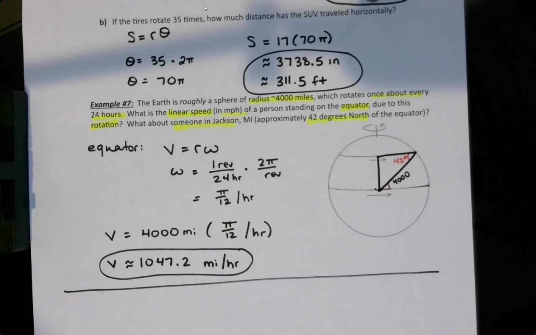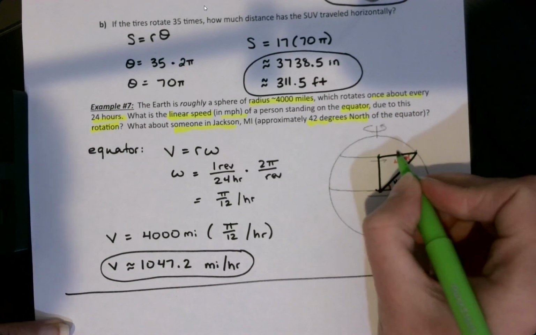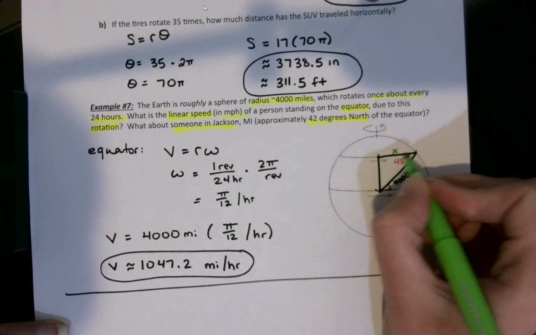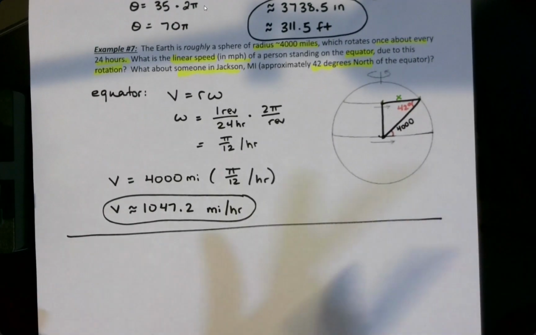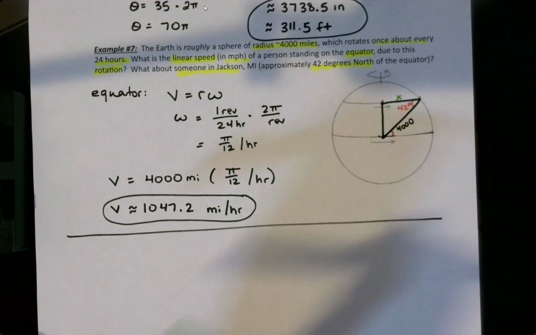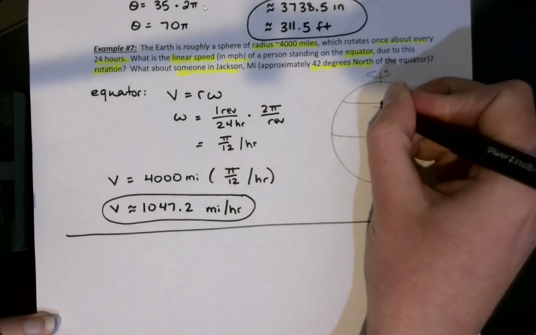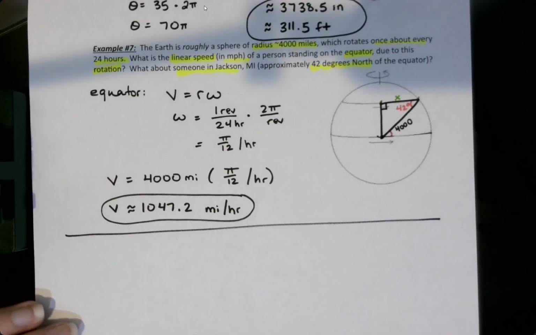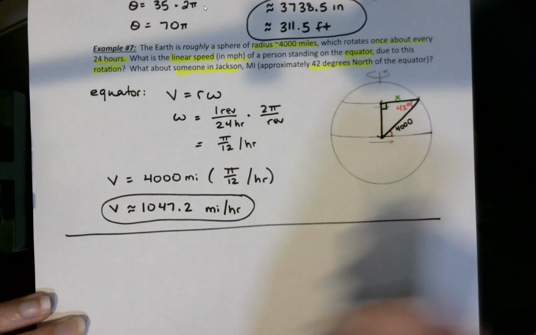And I need to figure out what the radius is at that point. So what is this value? Let's figure out this x value right here for this triangle. In terms of this triangle, it is a right triangle. The 90-degree angle would be there. So I would have the adjacent side and the hypotenuse side.